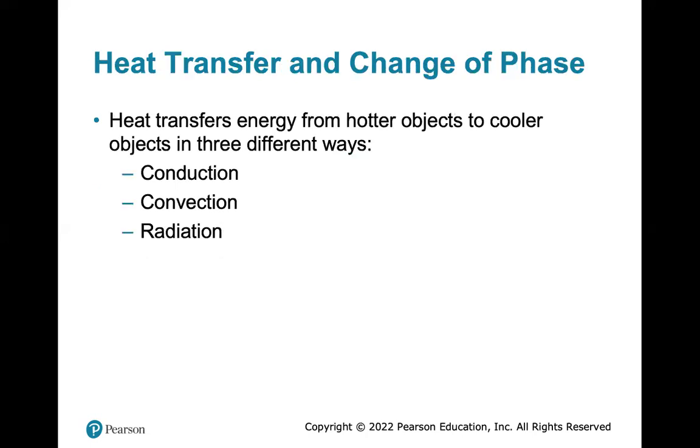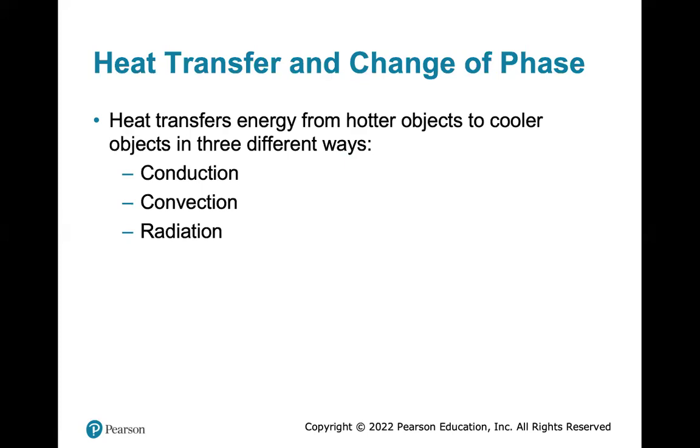So heat transfers energy from hotter objects to cooler objects in three different ways: conduction, convection, and radiation. We learned from our last chapter that heat always transfers from high temperature objects to low temperature objects. If you pour ice into a glass of hot tea, the ice isn't cooling down the water.